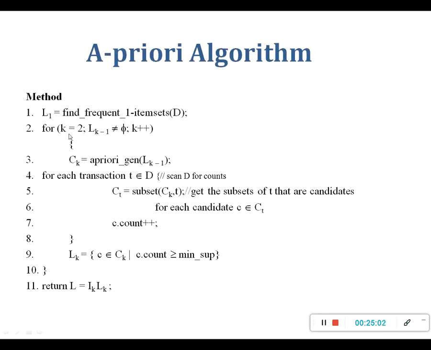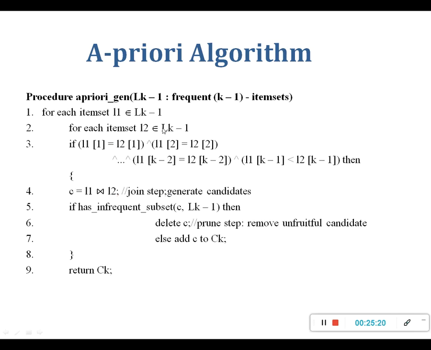Then for k equal to 2 onwards, while k minus 1 is not equal to 5, you have to use the Apriori generation algorithm. So we are calling this Apriori generation.